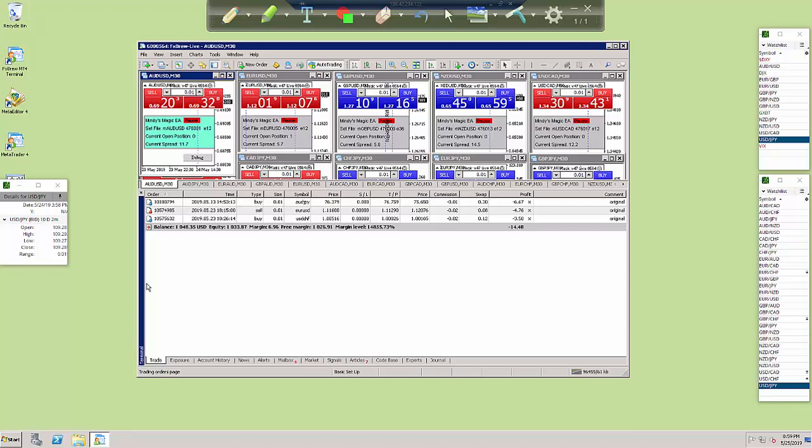So that means if you had it running for 2 months, it's probably going to be up between 20 and 40% in equity, right? So it's averaging 1/2 to 1% per trading day.